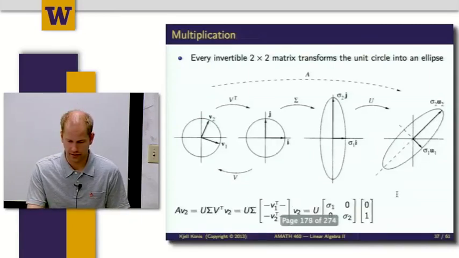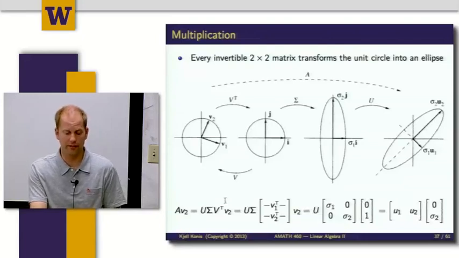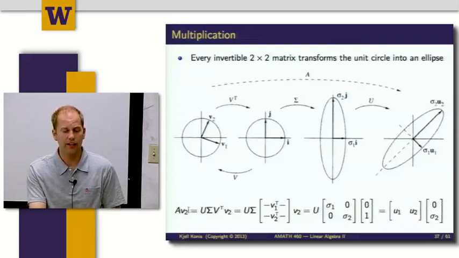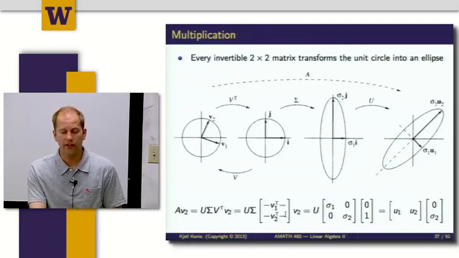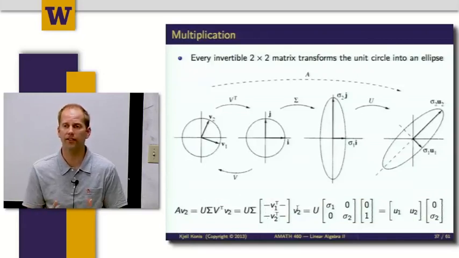So I think I've done all of this down below. So I have A times V2 is going to be equal to my singular value factorization times V2. Then when I do the first multiplication, remember I'm doing this to one of the right singular vectors, V2. So when I multiply V2 by this matrix V transpose, I'll have V1 times V2, but because they're orthogonal, that's going to be 0.